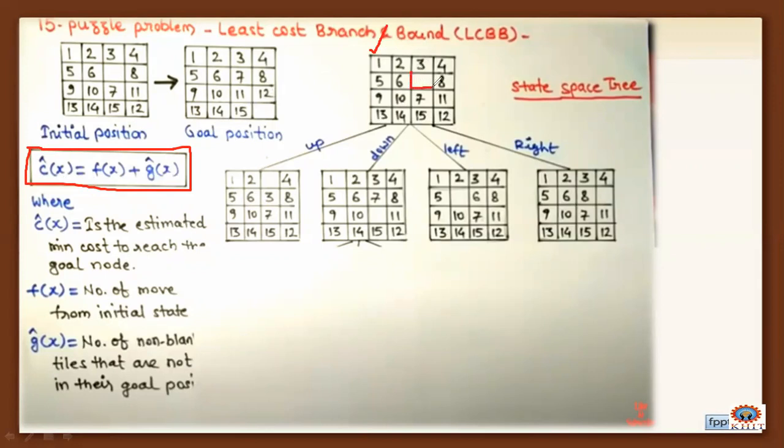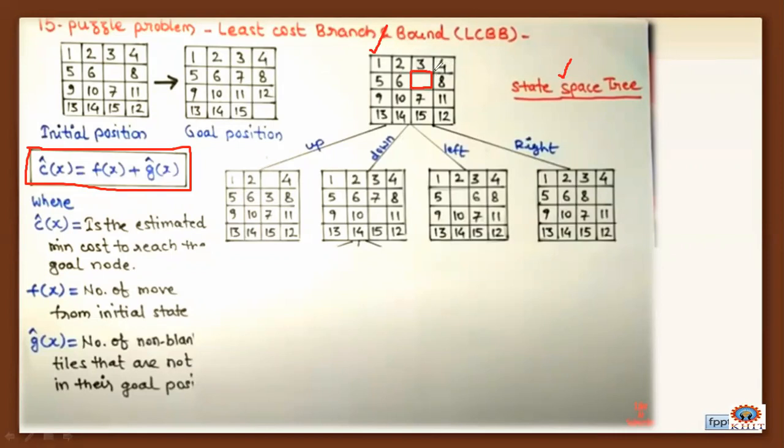And we need to solve the problem by using one tree that is called a state space tree. Now we need to generate the state space tree for this problem.